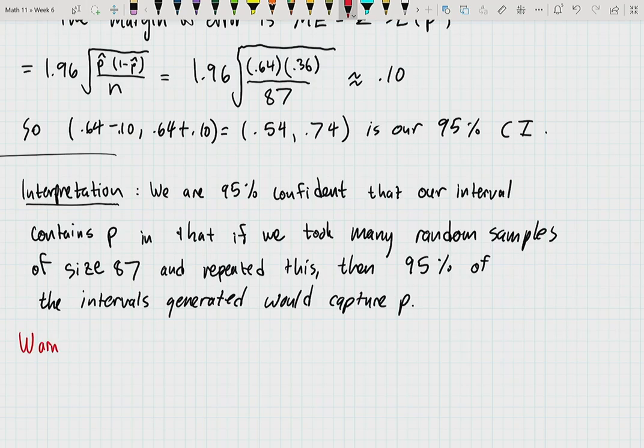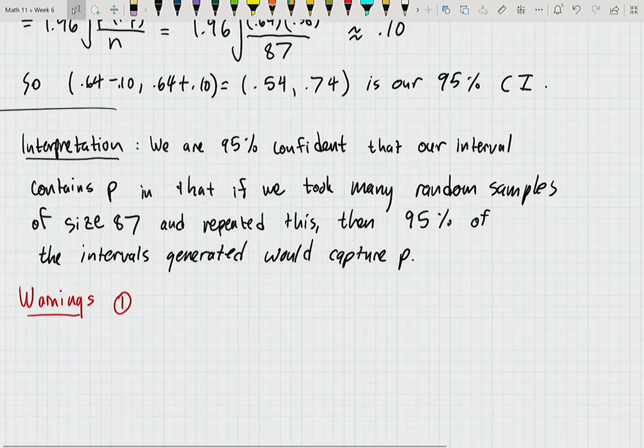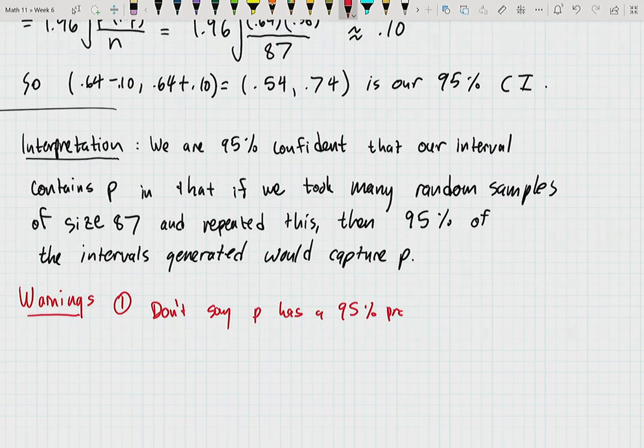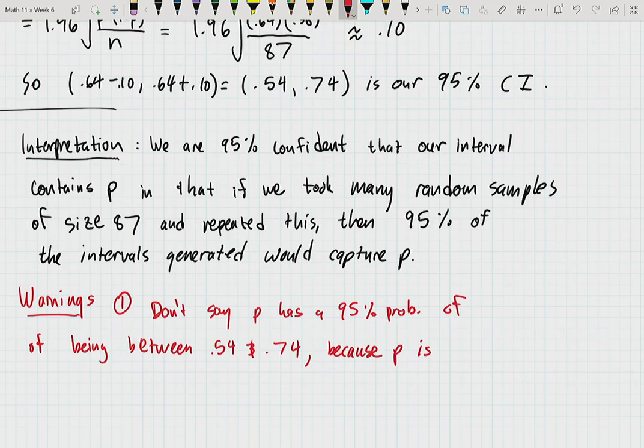So here's a couple of warnings. First, don't say that p has a 95% probability of being between 0.54 and 0.74, because p is not a random variable.